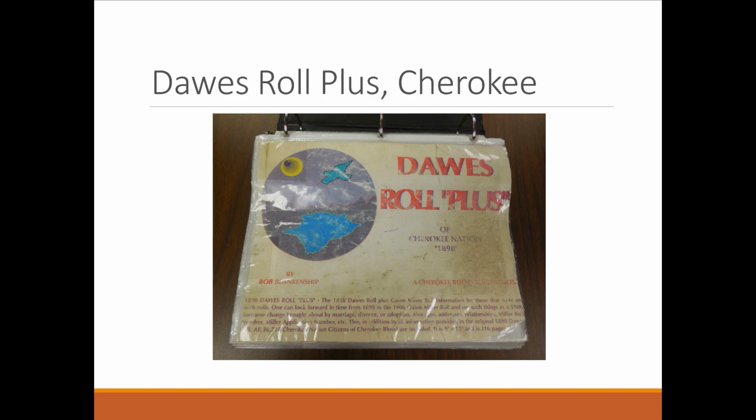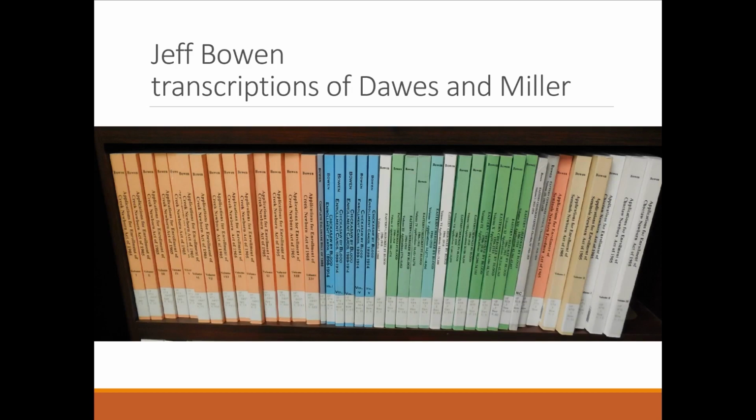But these books were available at the Cherokee Heritage Center in Tahlequah the last time I was there. And you can probably find them online. So these are some of Jeff Bowen's books, and he's creating more all the time, and they have a variety of Native American information.